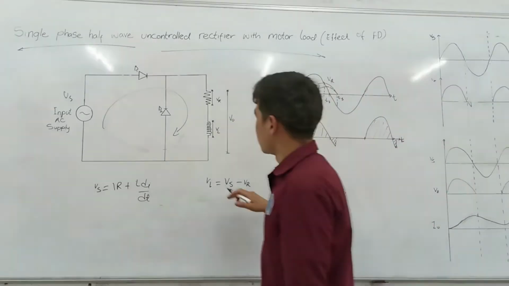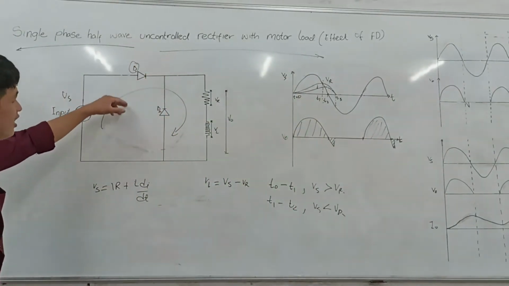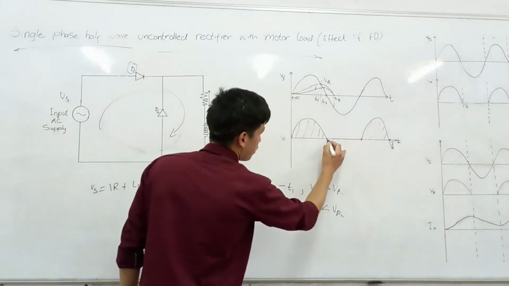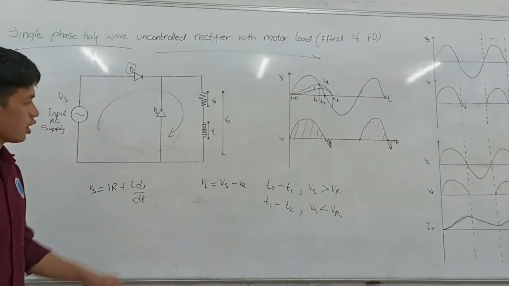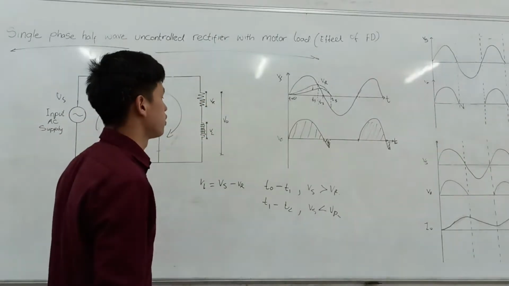As a result, the diode D1 is still in forward bias, and a negative voltage is being registered in the output across the motor load.